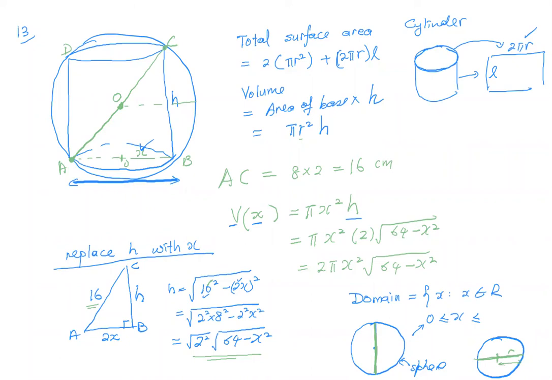Okay, good. Can you tell me what is the answer? Yes, it's 8. Half of the diameter. That means if the radius of the cylinder is equal to the radius of the sphere, that means you don't cut out any. So the radius of the cylinder, lowest is 0, highest is 8.